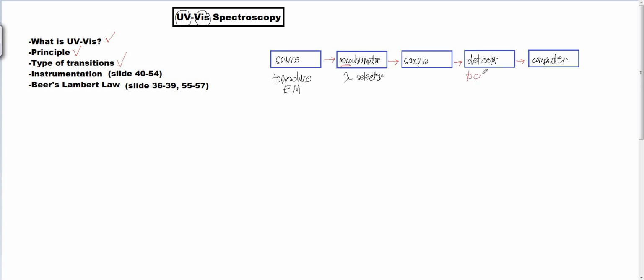Selalunya kita kata this one to convert the radiation energy to electrical energy, so that it can be calculated and then come out in the computer. So this is where the data is coming out, ataupun kita kata our spectrum. So dekat sinilah akan keluar yang kita collect dan sebagainya based on our wavelength and also absorbance, for example.